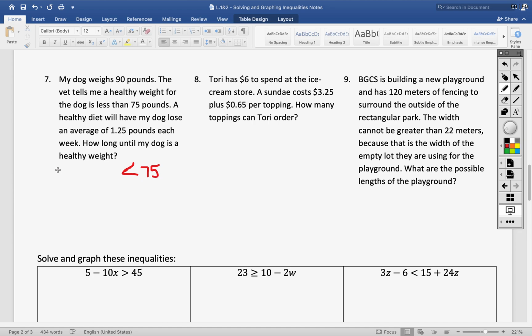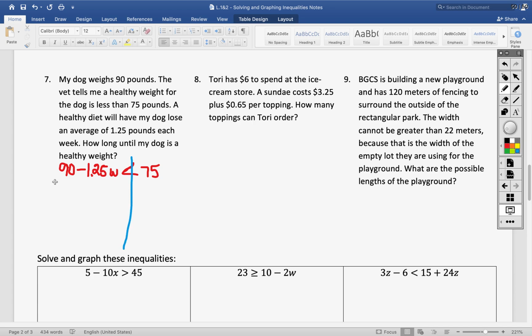A healthy diet will have my dog lose an average of 1.25 pounds each week. Okay, so I start at 90 pounds. She's going to lose, so it's going to be a subtraction, 1.25 pounds each week. Okay, and then I need to solve this.